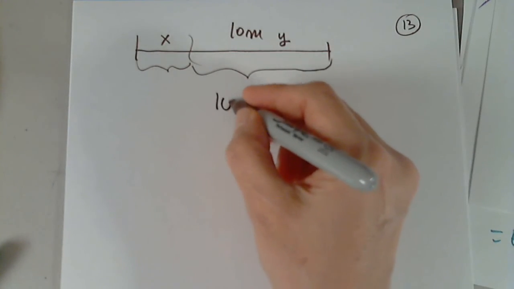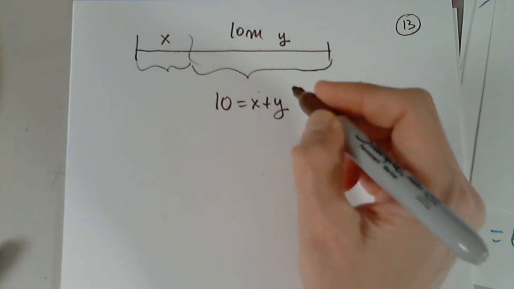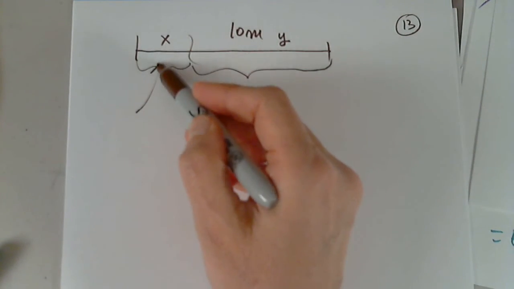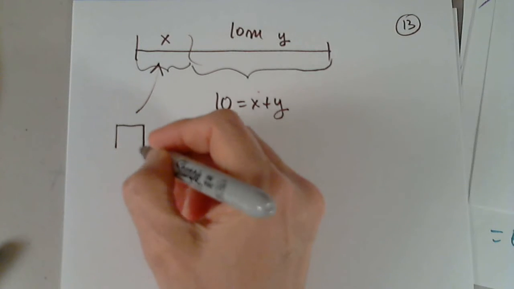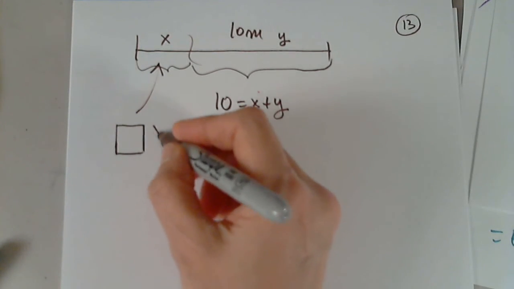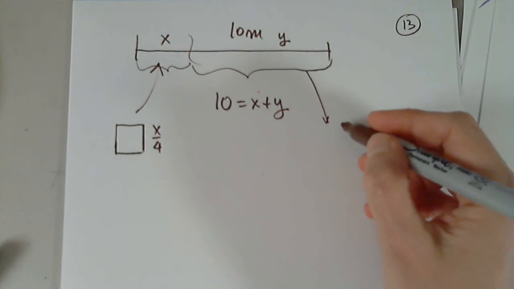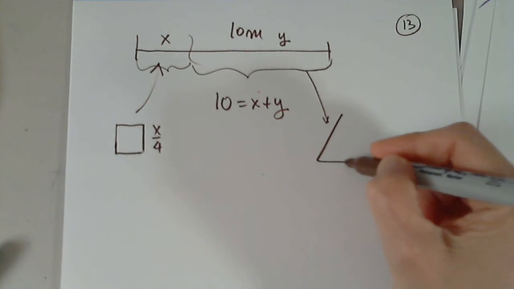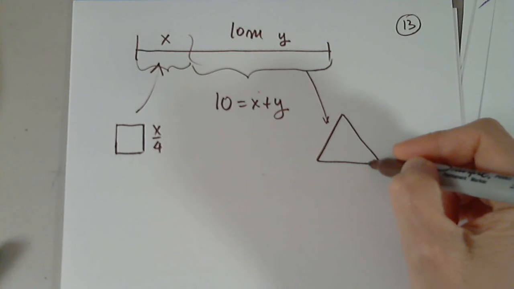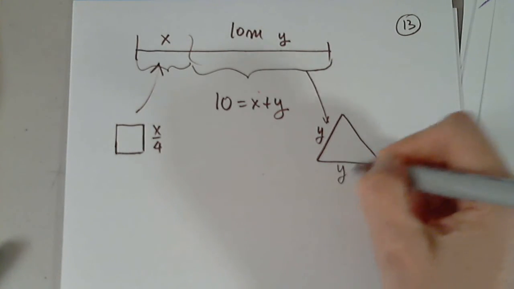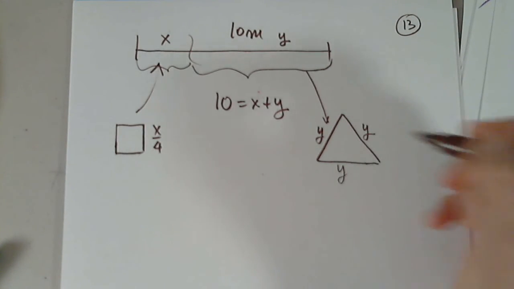I'm going to immediately write that 10 must be x plus y. And if I bend this into a square, the side of the square must be x over 4. If I bend this one into an equilateral triangle, each side is y divided by 3.